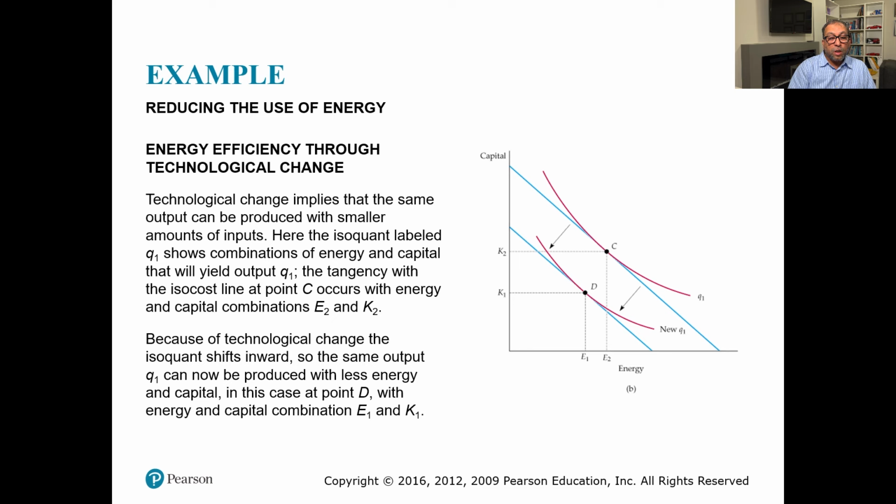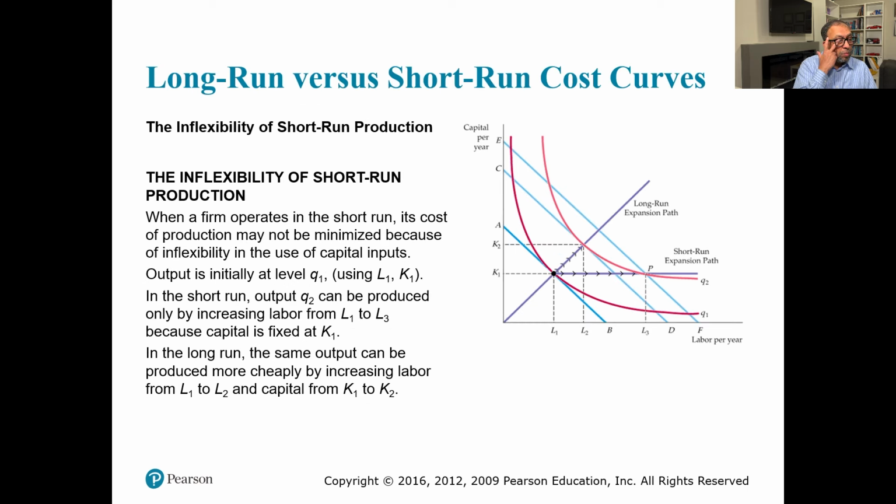Here, the isoquant labeled Q1 shows the combination of energy and capital that yields output Q1. The tangency with the isocost line at C occurs at energy and capital combination E2 and K2. Because of a technical change, the isoquant shifts inward, so the same amount of Q1 can now be produced with less energy and less capital, in this case at point D. So, technological possibility that way.